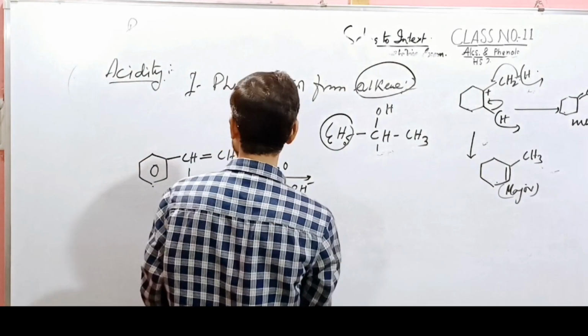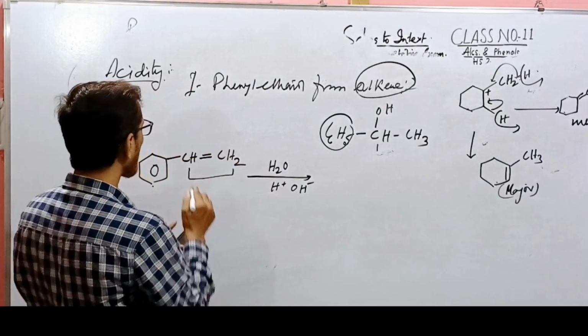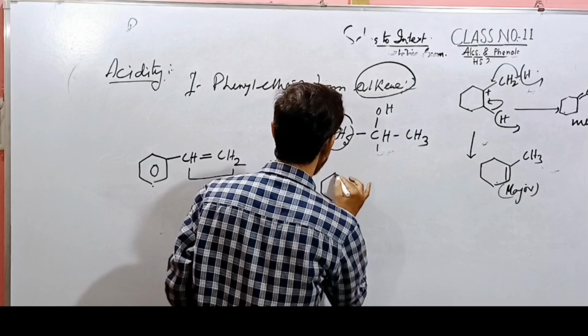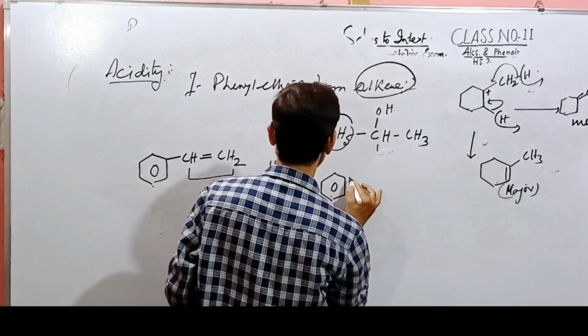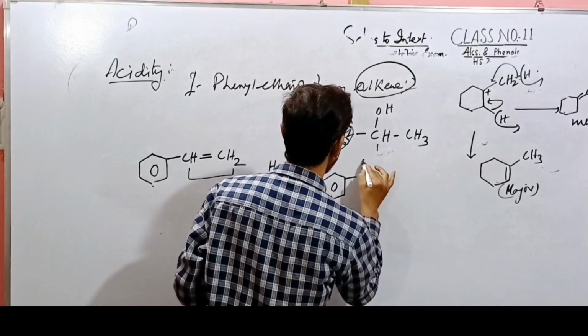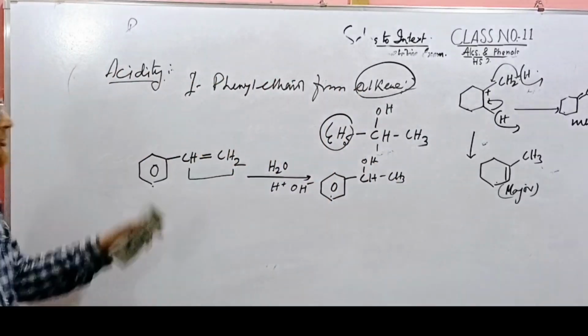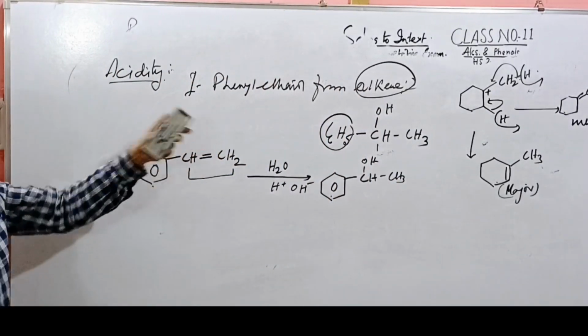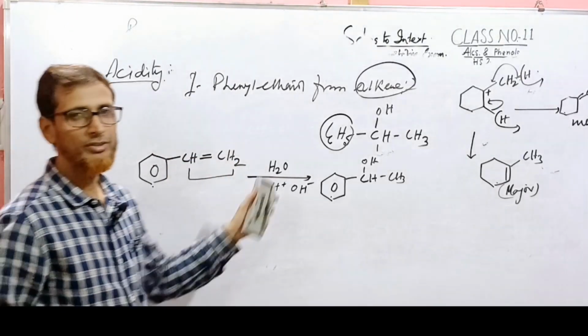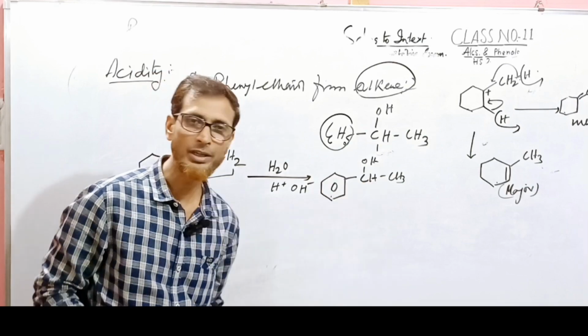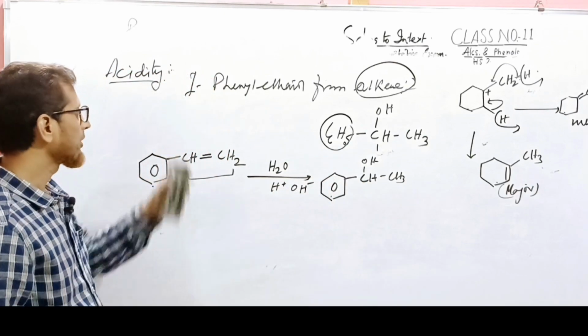Now according to Markovnikov rule, the negative part will get attached to this carbon. So we will get the answer as CHOH CH3. Very simple. The earlier concept, where we showed the mechanism of ethene being hydrolyzed to give ethanol, will follow in each and every case.